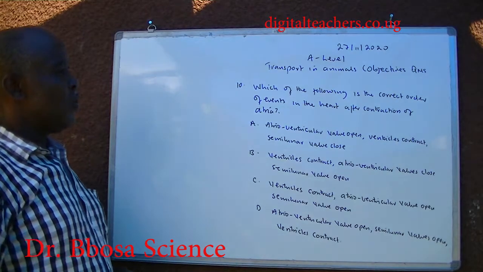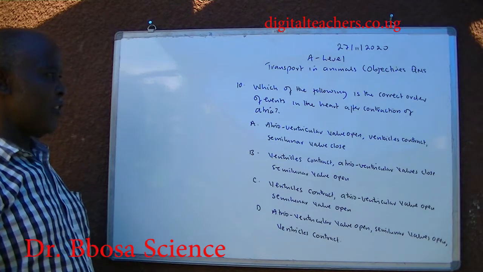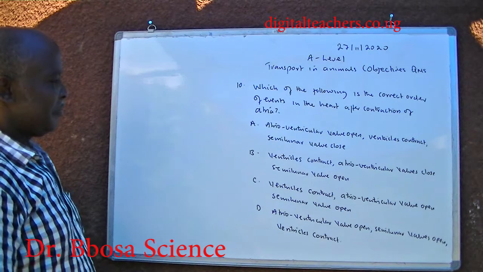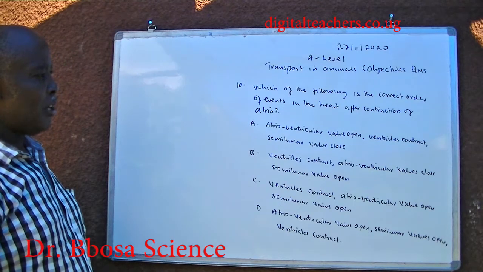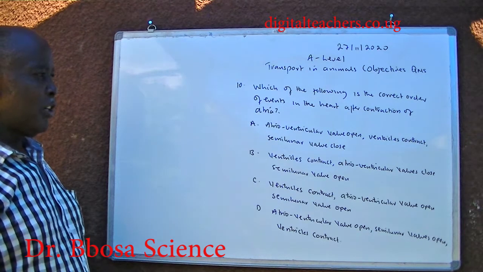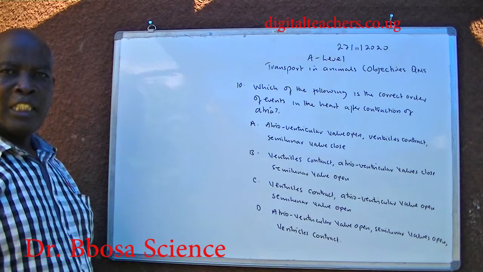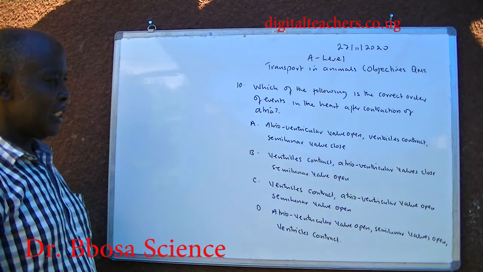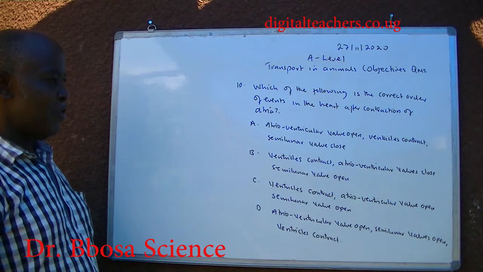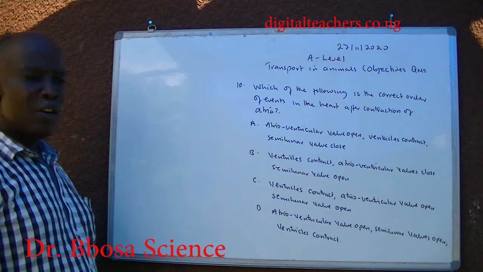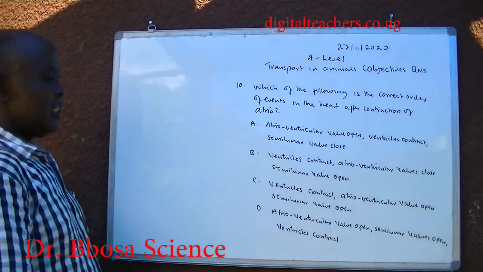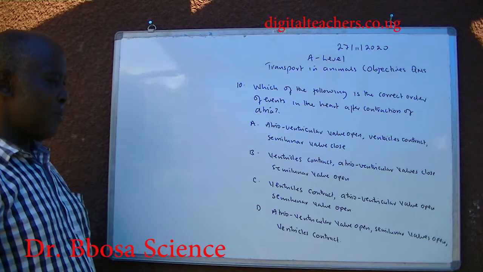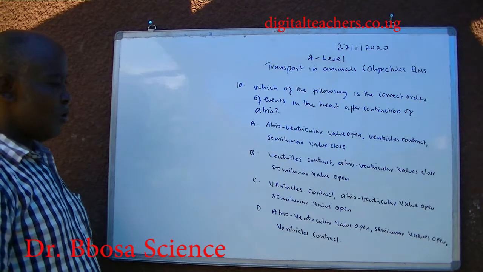Number 10. Which of the following is the correct order of events in the heart after contraction of atria? A. Atrioventricular valve open, ventricle contract, semilunar valve close. B. Ventricles contract, atrioventricular valve close, semilunar valve open. C. Ventricles contract, atrioventricular valve open, semilunar valve open.